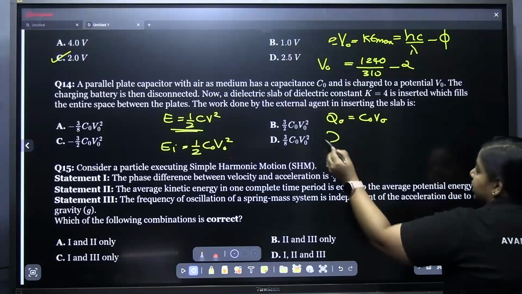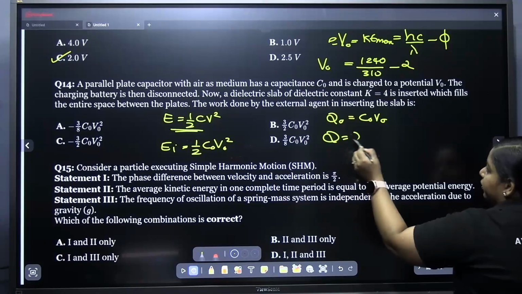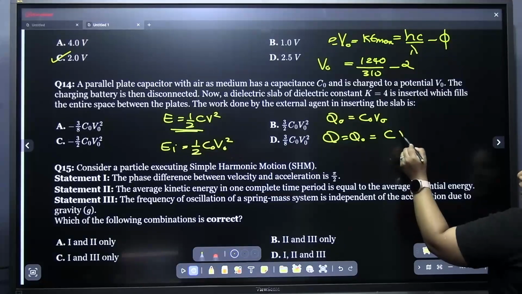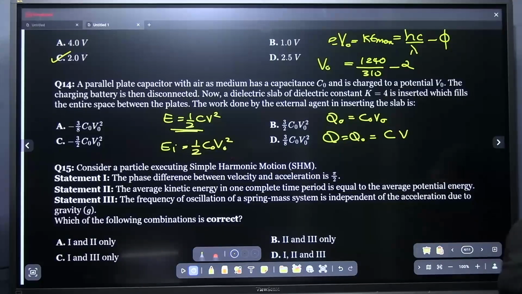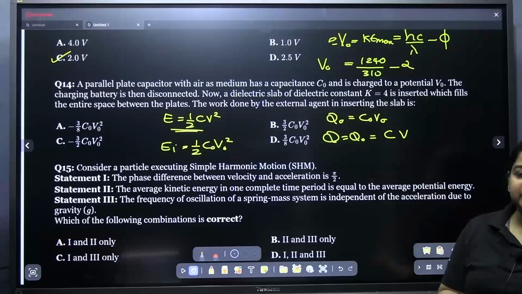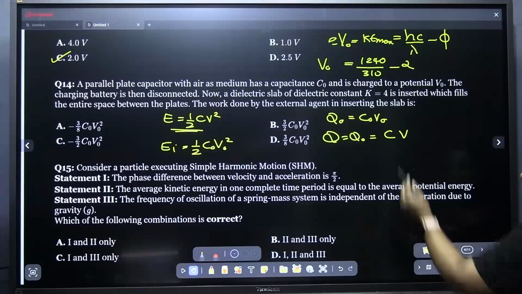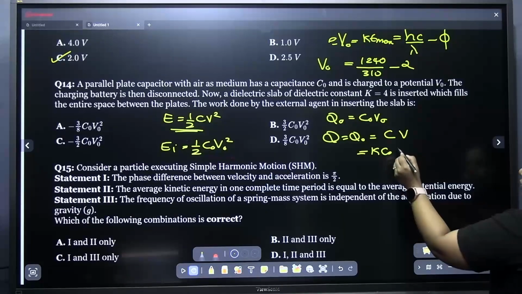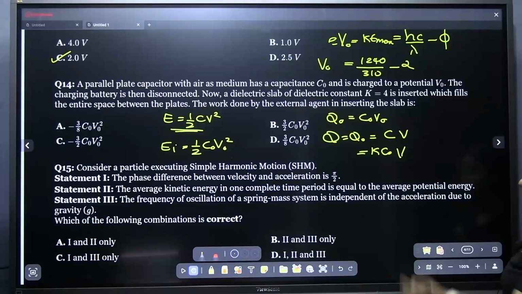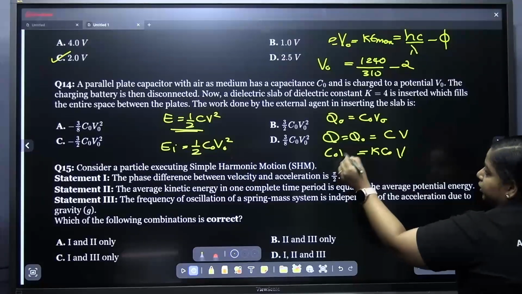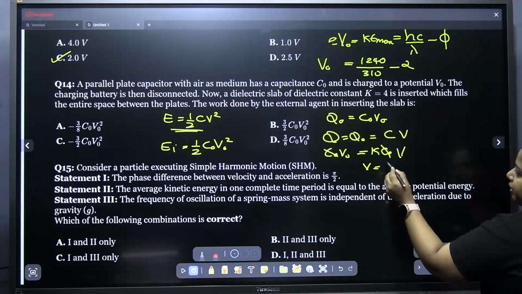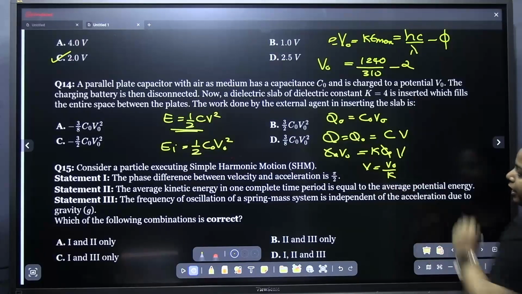Final charge Q is equal to Q naught only, but given by new C and new V. New C, since K dielectric is inserted, is equal to K C naught into new potential which we don't know. This is equal to C naught V naught. Cancel C naught, we will get V equal to V naught by K.